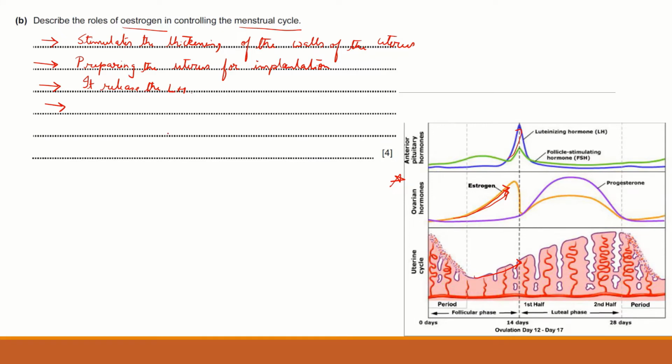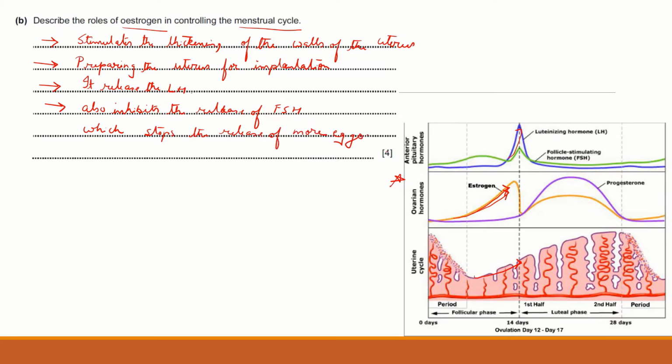So when the level of estrogen increases, it also inhibits the release of FSH, which stops the release of more eggs.